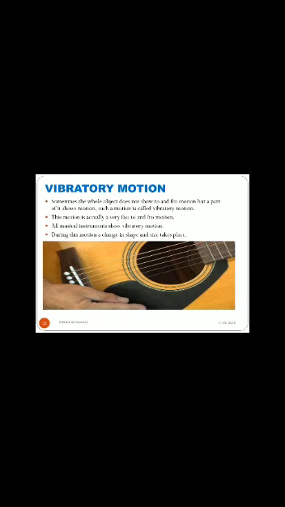In the chapter in standard 8 you studied about sound. So all the musical instruments like tabla, dholak, guitar, they all provide you vibratory motion, vibration of the object. And during this motion, a change in the shape and size takes place.